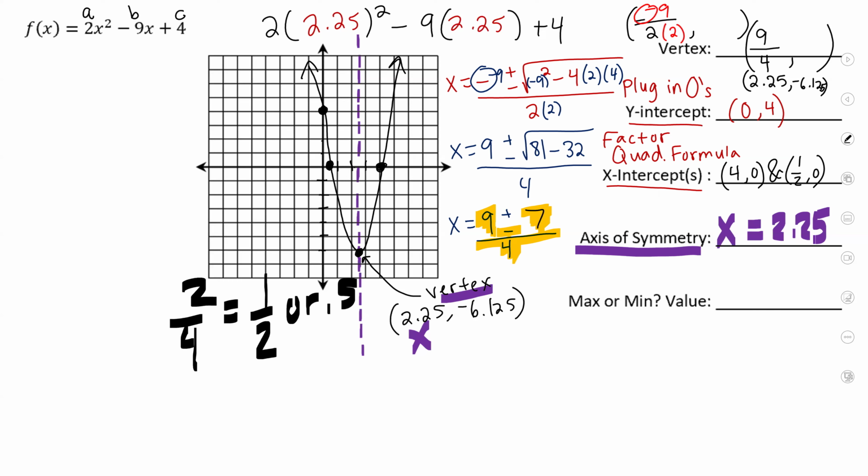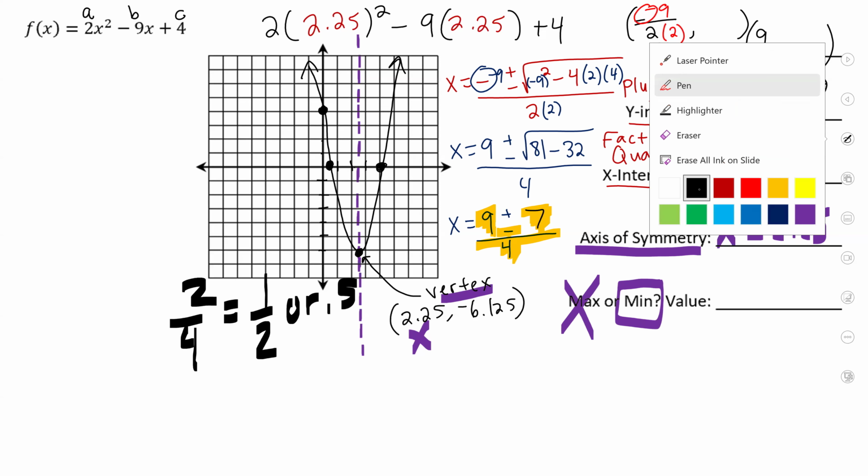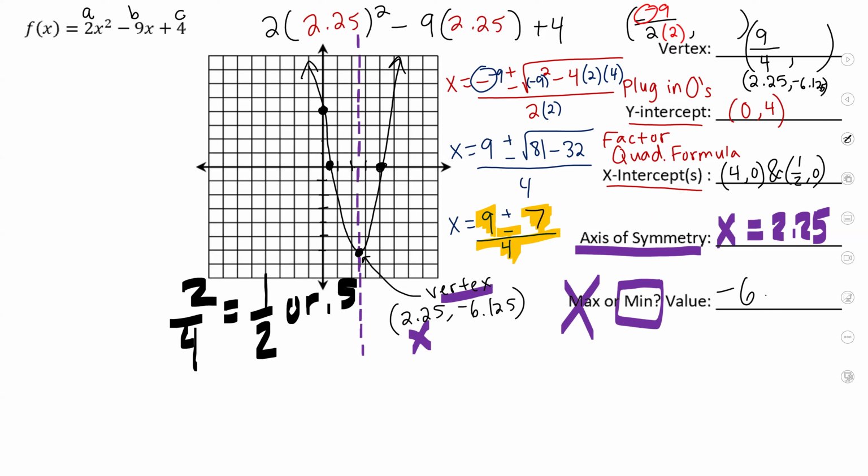Okay, is my vertex the maximum or the minimum? It's the minimum, it's at the very bottom. We do not have a maximum. We have a minimum. And what is the value of our minimum? Exactly, negative 6.125. So this x value gave me the axis of symmetry, and this y value gave me the minimum.